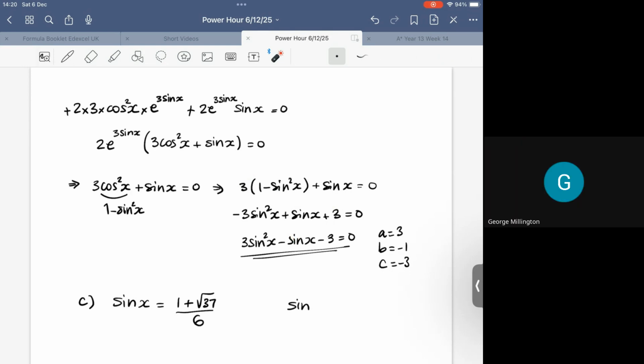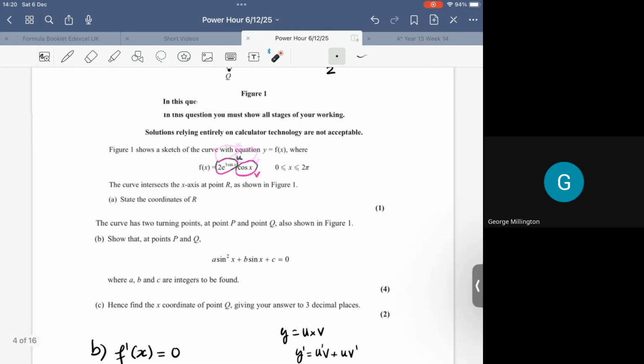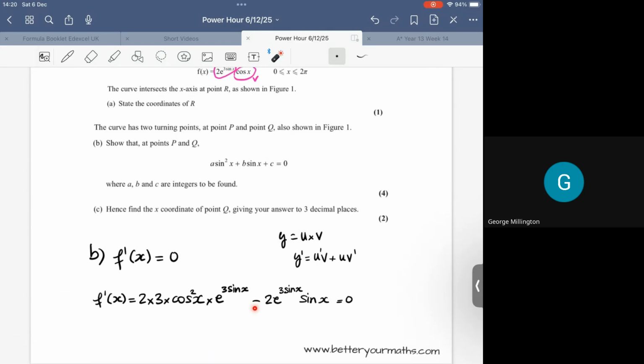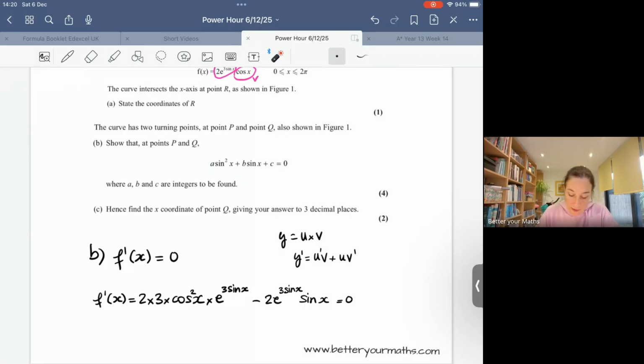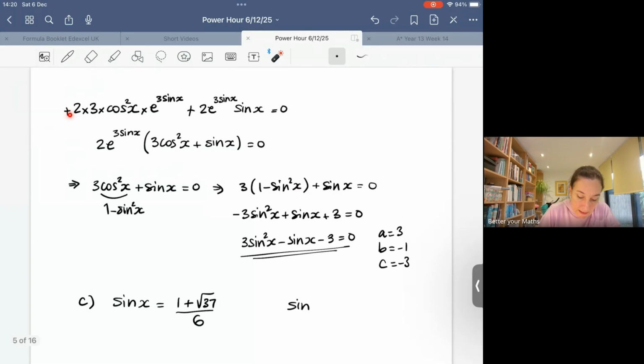Yeah, but in the original thing you differentiated, the bit with the cos squared would be normal, but then the bit with the sine x would be a negative, like the second part of it. You're right. So I don't know why I wrote this minus. So this is a plus and this is a minus, right?